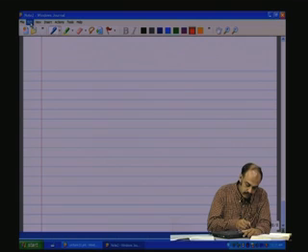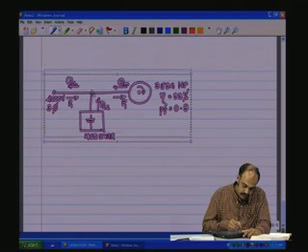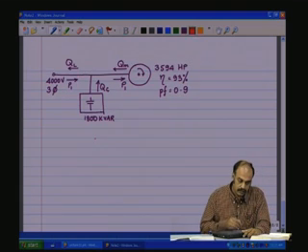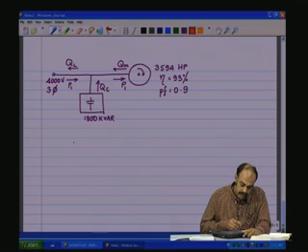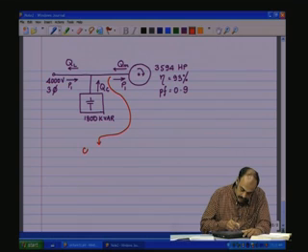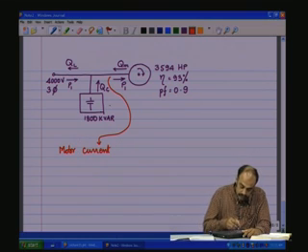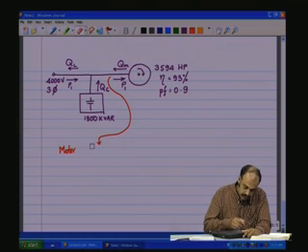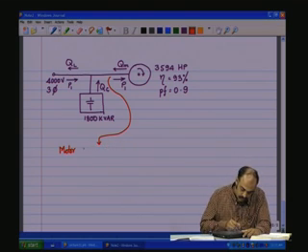Now, what is the motor line current? That is, what would be the current here, the motor current or the motor line current?